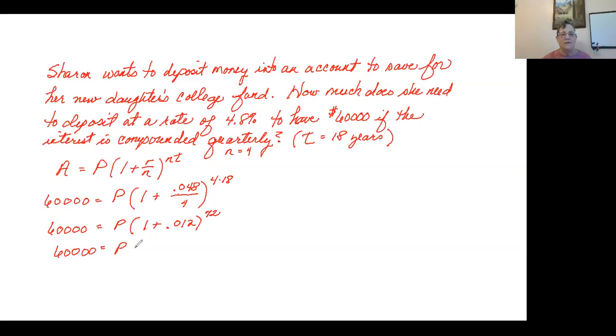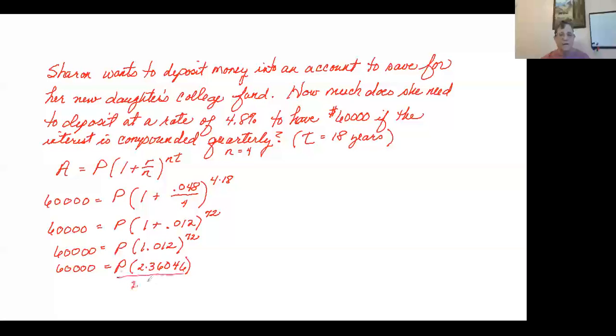So 60,000 is going to be equaling P times 1.012 raised to the 72nd. This comes out to 2.36046.